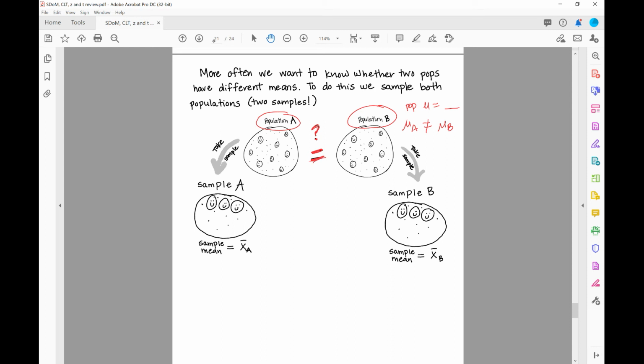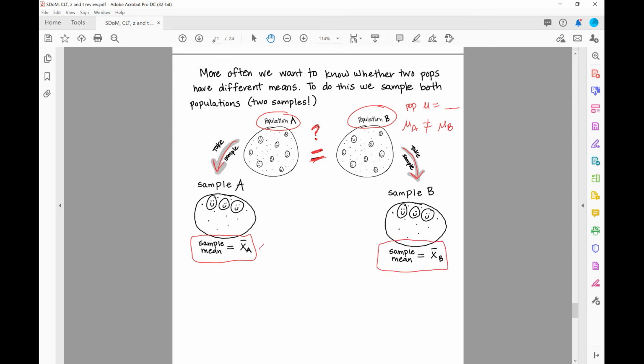So to test this, we have to take two samples. We need to take a sample from our population A. And then for this sample A, we can figure out, well, what's the mean for this sample? And we take a sample from population B and say, okay, for this sample, sample B, what is their mean?